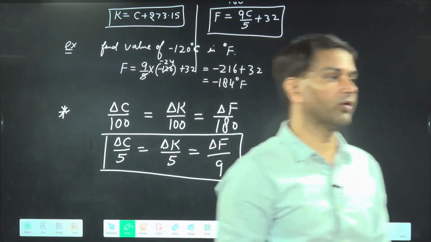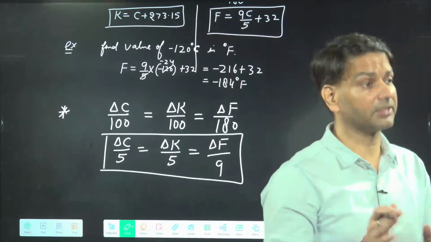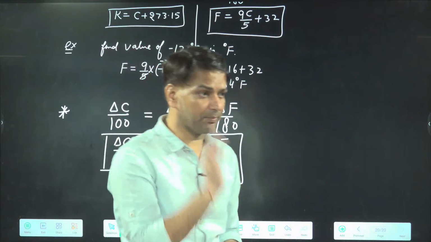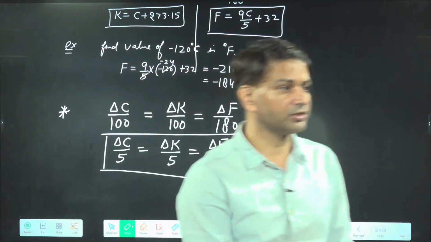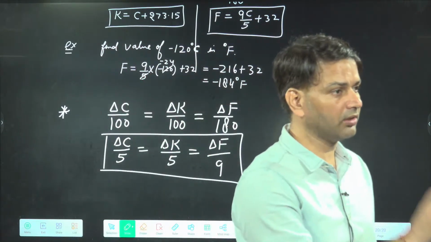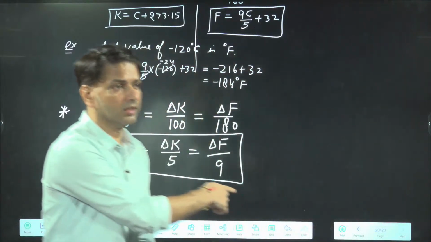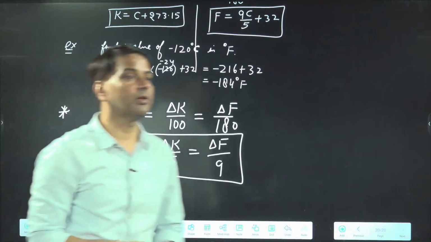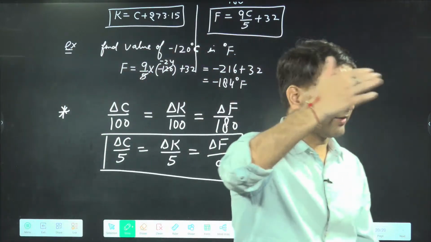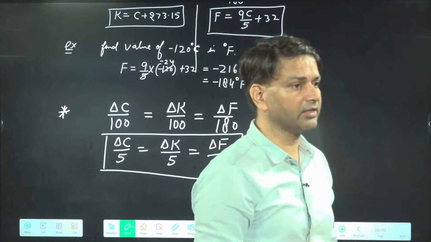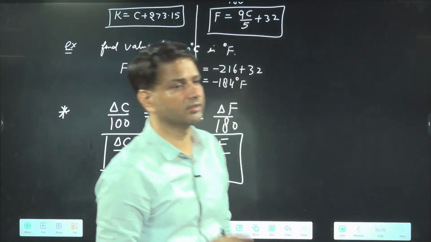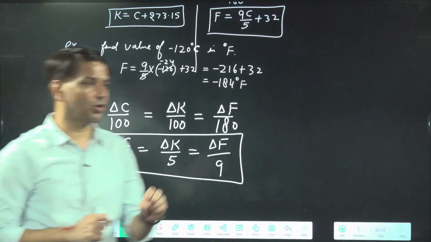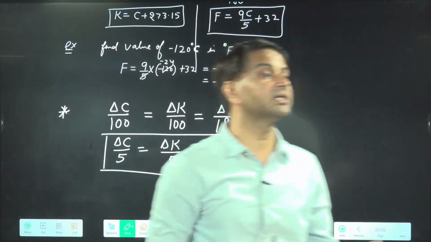When you have to convert one temperature difference into another, not the temperature scale like Celsius and Kelvin, we will use this relation. From this we can say delta C and delta K will be equal. Why? Delta C by 5, delta K by 5. 5 and 5 cancel out. Delta C is equal to delta K. Yes or no? Means temperature difference in Celsius or in Kelvin will be the same.